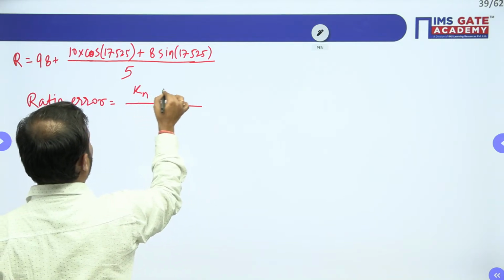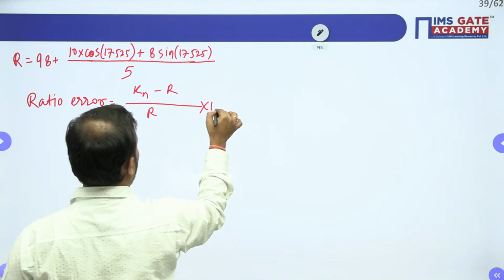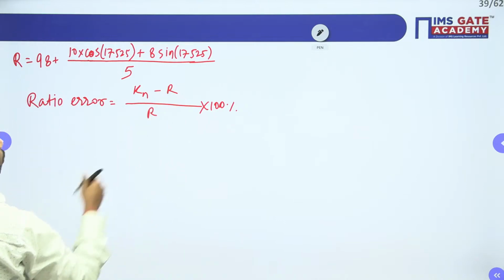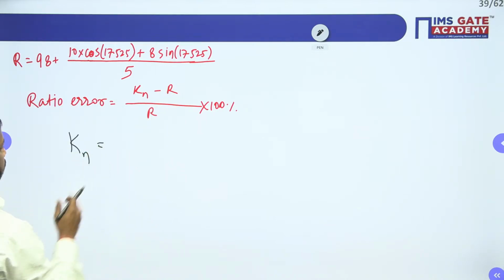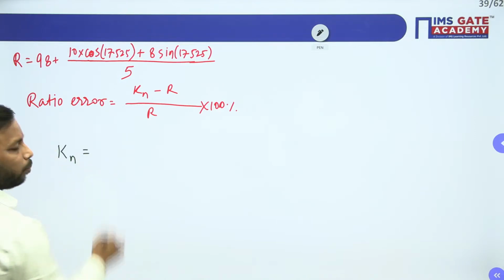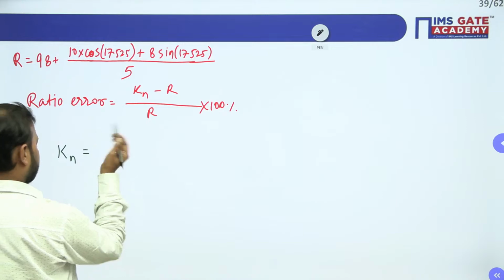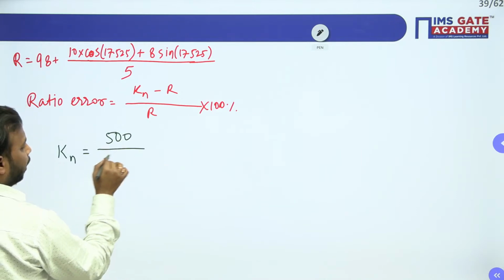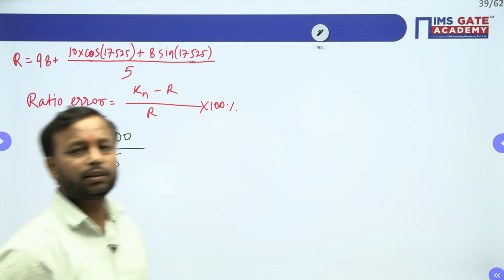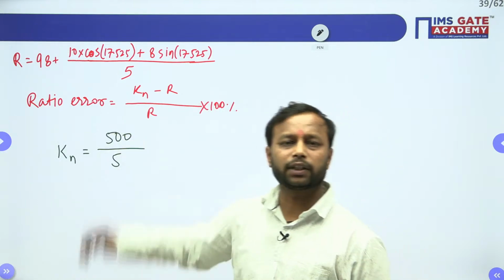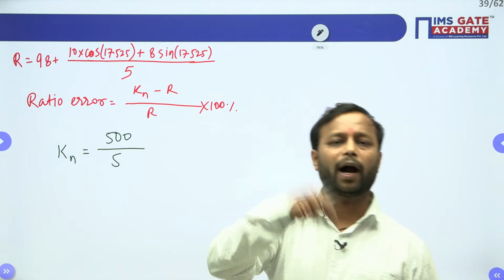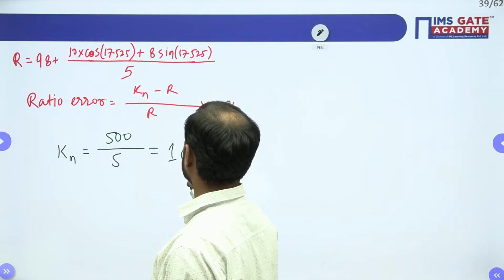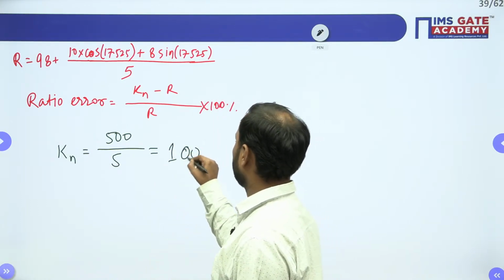Ratio error is (Kn minus R) divided by R into 100%. From here you will get the R value, so substitute those two values. And what is Kn? Kn is the nominal ratio. This is equal to the primary rated current, 500, divided by the secondary rated current, which is 5 ampere. These are the ratings of the CT, and when you divide those two, you get the nominal ratio, so the nominal ratio is 100.